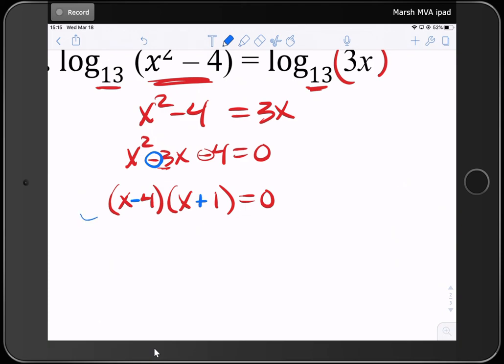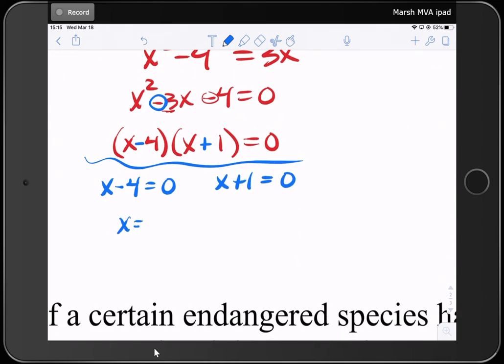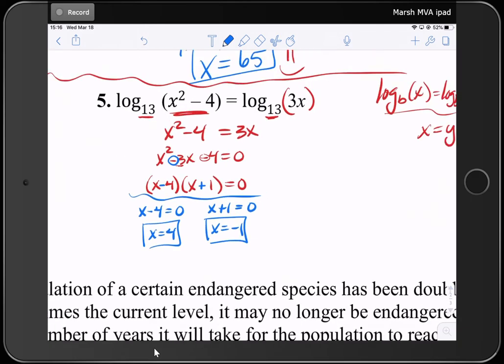So now I use the zero product theorem and set each factor equal to 0, because when two or more factors are multiplied and the product is 0, one or more of the factors must be equal to 0. And so then I get x is equal to 4, and I get x is equal to negative 1. Okay, but now I got to check them.